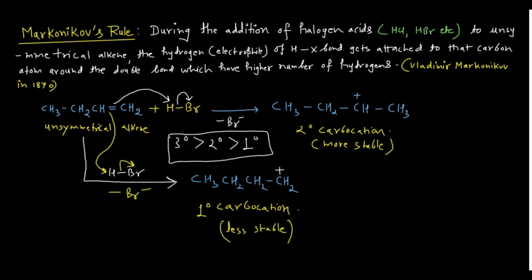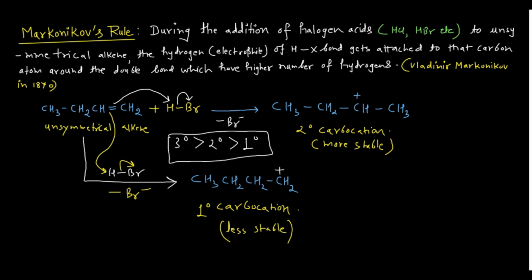So the half-life of this particular carbocation would be very, very high. That means most of the time this negatively charged Br will find this secondary carbocation because it has the higher lifetime. Statistically, this Br negative will have more chance to attack this secondary carbon atom.